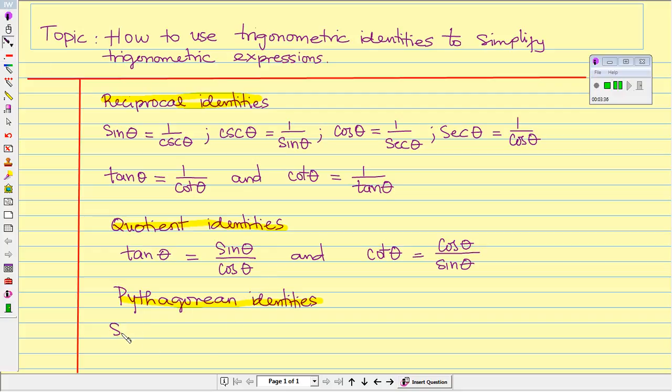In this identity, there are 3 equations: sine square of the angle theta plus cosine square of the angle theta equals 1, or tangent square of the angle theta plus 1 equals secant square of the angle theta.